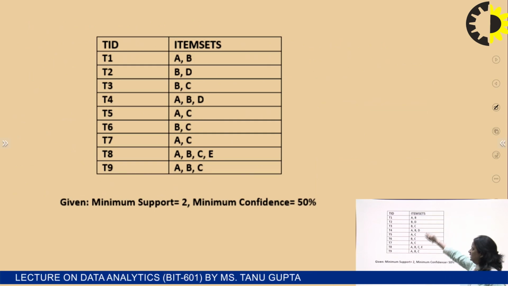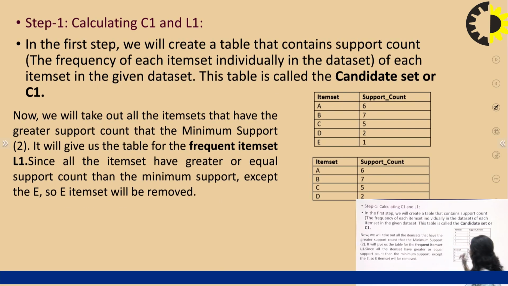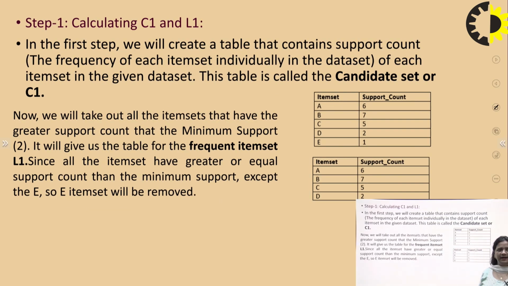We have a total of 5 items: A, B, C, D, E. First we generate the candidate set table C1, and in front of it we calculate the support count, or frequency, of each item. That means how many times item A appears in the whole database.